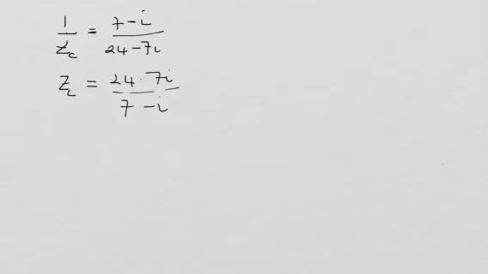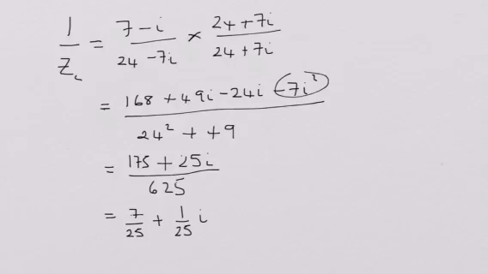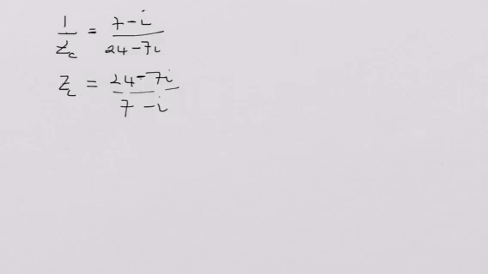Okay, let me just double check that I have got that right. Yep. Okay, so again, all we've got to do is multiply by the conjugate of the denominator, which is going to be 7 plus i.